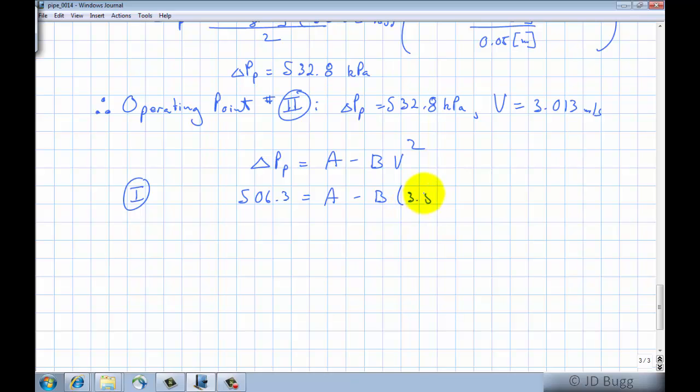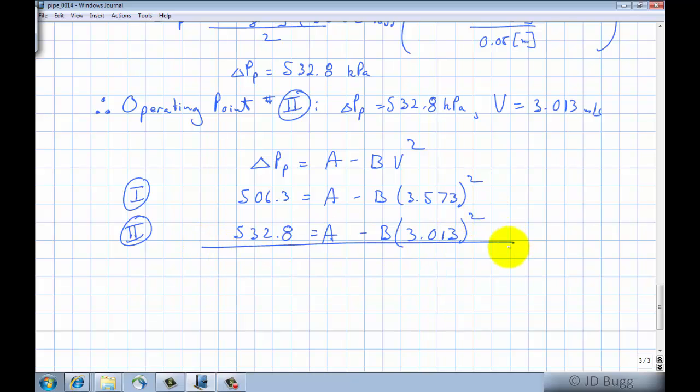And that V is 3.573. And rewrite it again, but at operating point 2, 532.8 is the pressure. A minus B times velocity, which has reduced.